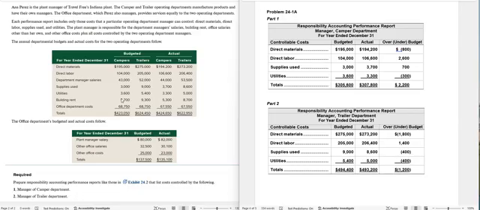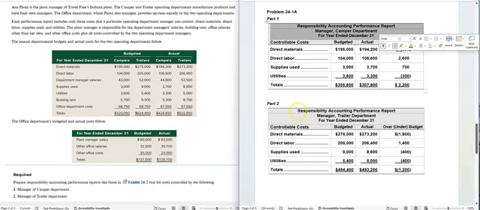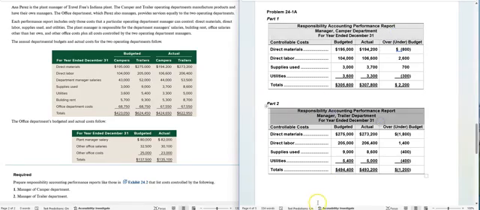Okay. So let's prepare a responsibility accounting performance report for the managers of the two departments, the camper and the trailer. So we're trying to evaluate how those managers did for the year in controlling the costs that they have control over. The only costs that they can control are direct materials, direct labor, supplies, and utilities.